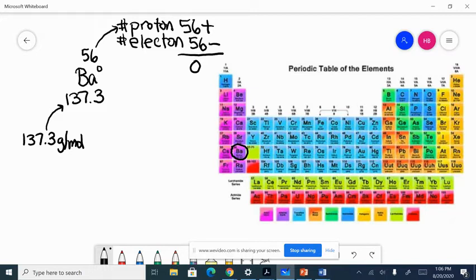So when you take a huge sample of them, it's going to have a mixture of atoms that have a mass of 137 and atoms that have a mass of 138. We actually have more 137 because the mass is closer to 137. So when you take a big mixture of stuff, you're going to have probably like a 70-30 split.